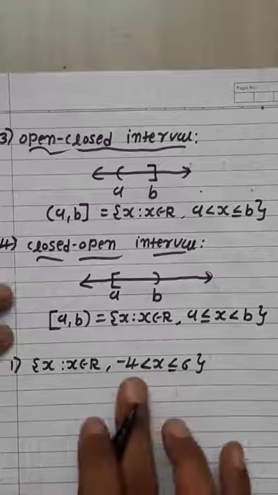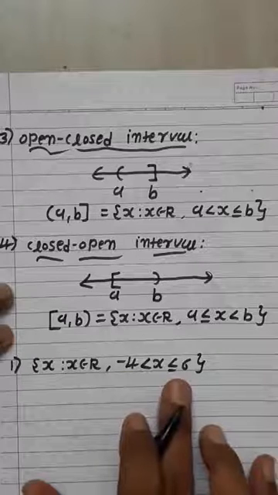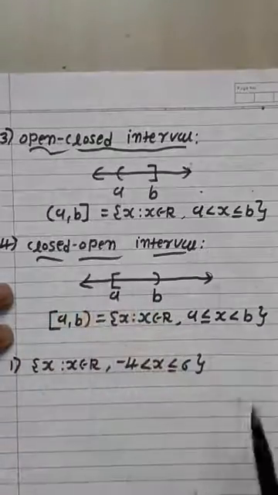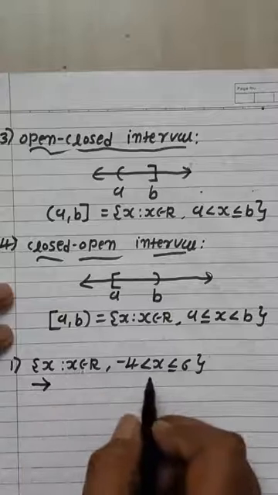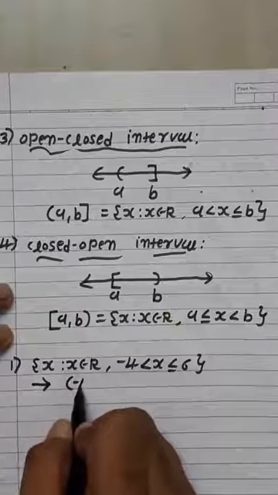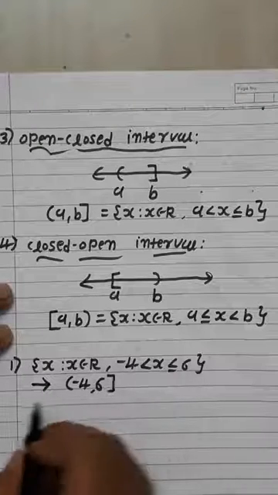Here strictly less than is present, and here less than or equal to is present. So using the third result, open-close interval form, our answer is to just write down the interval form. Here we can write open minus 4, close 6.